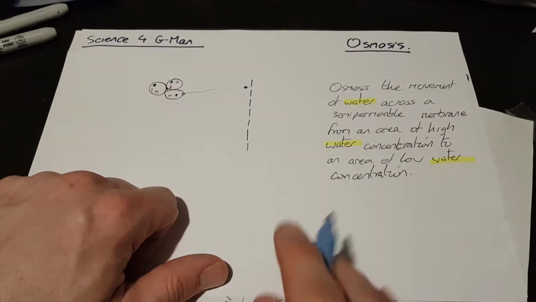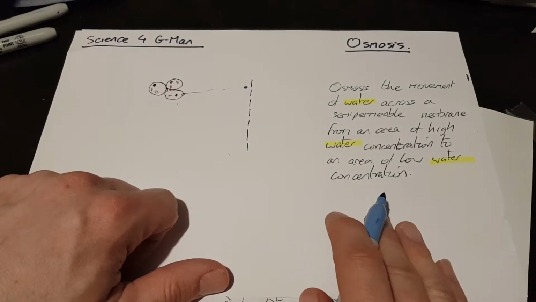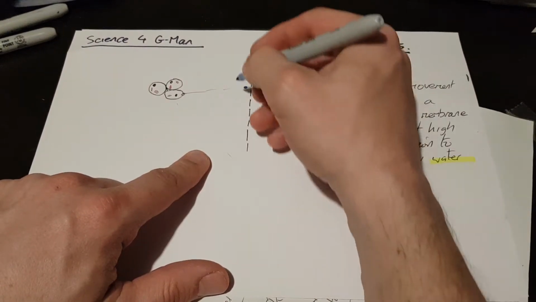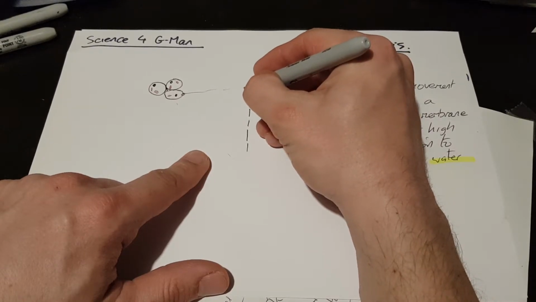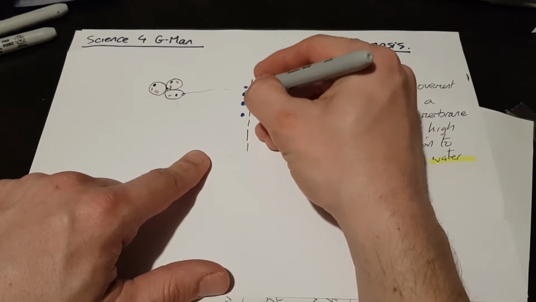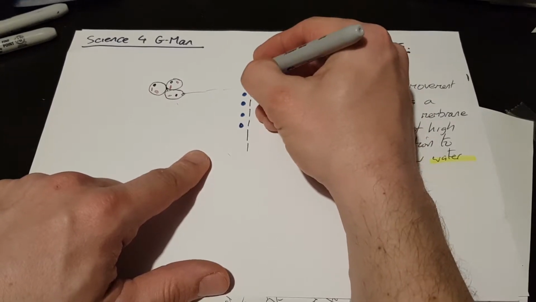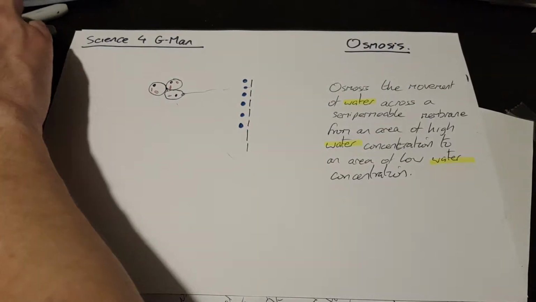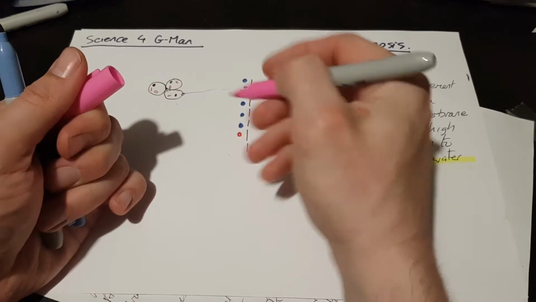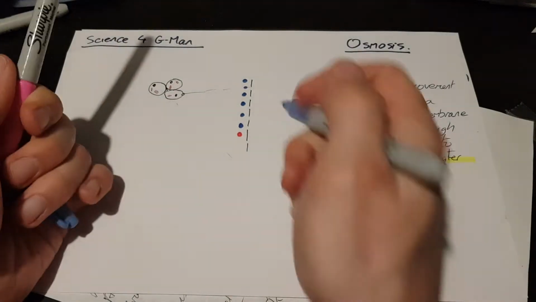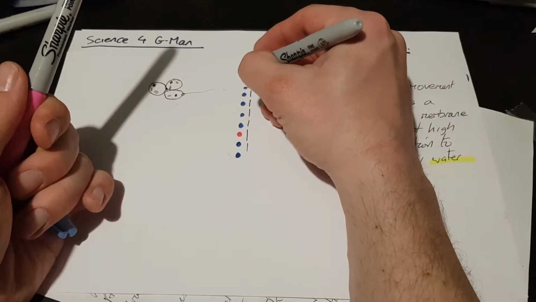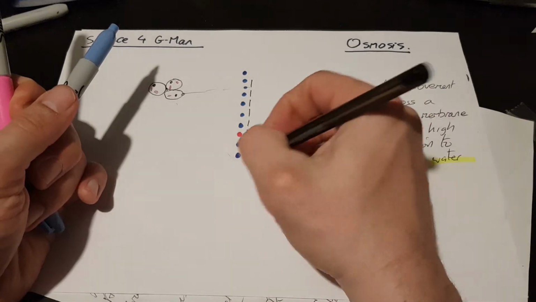Okay, and remember, we're thinking about high water concentration. So what do we mean by water concentration? Well, think of it like this. If we've got 10 molecules, we've got 1, 2, 3, 4, 5, 6, and we had a different kind of molecule in there, 7 molecules, 8, 9, 10, and these are on either side of our semi-permeable membrane.